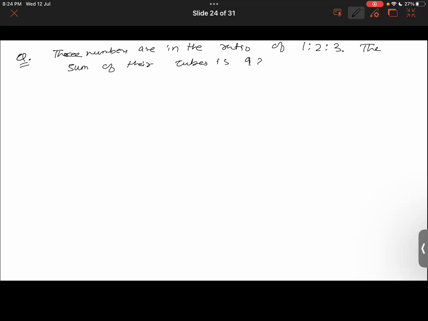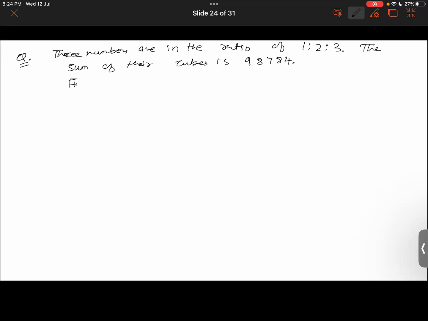Okay, the question is: 3 numbers are in the ratio of 1:2:3. The sum of their cubes is 98,784.